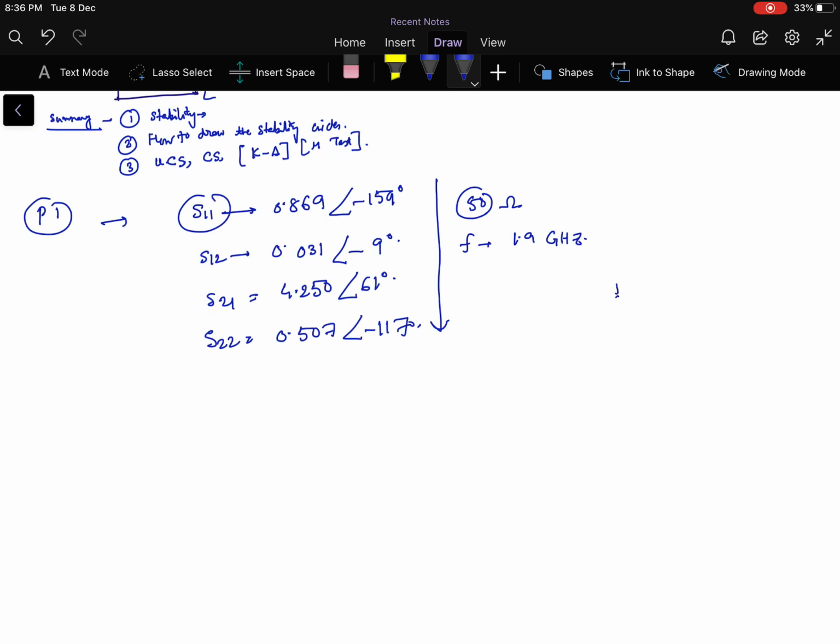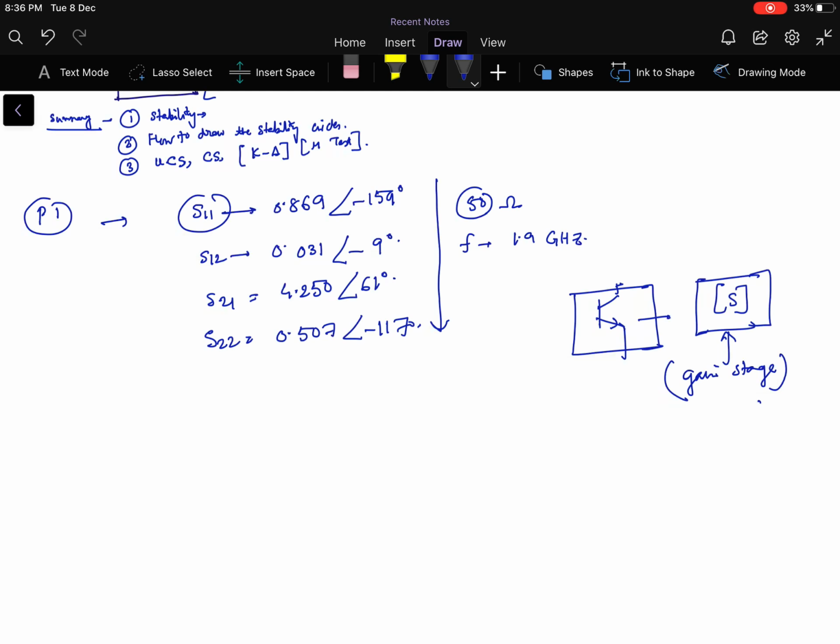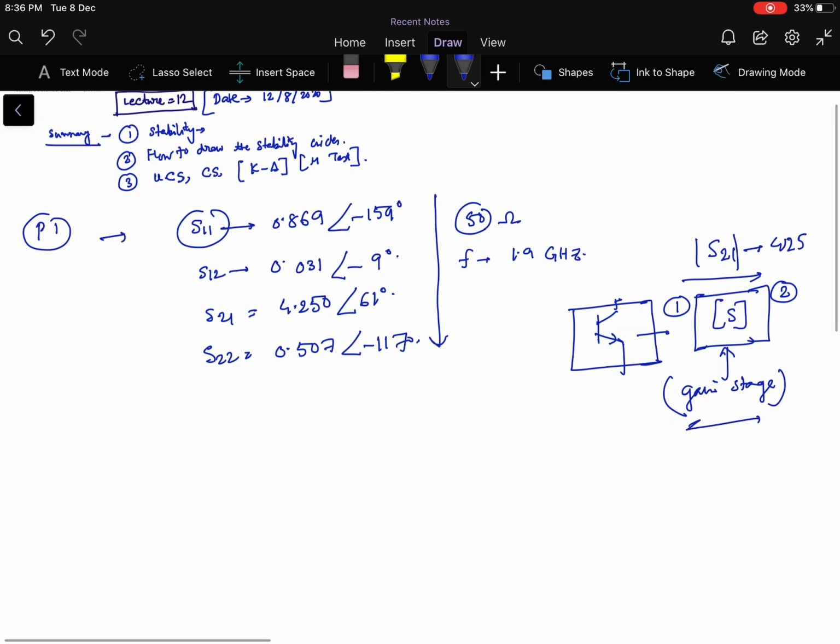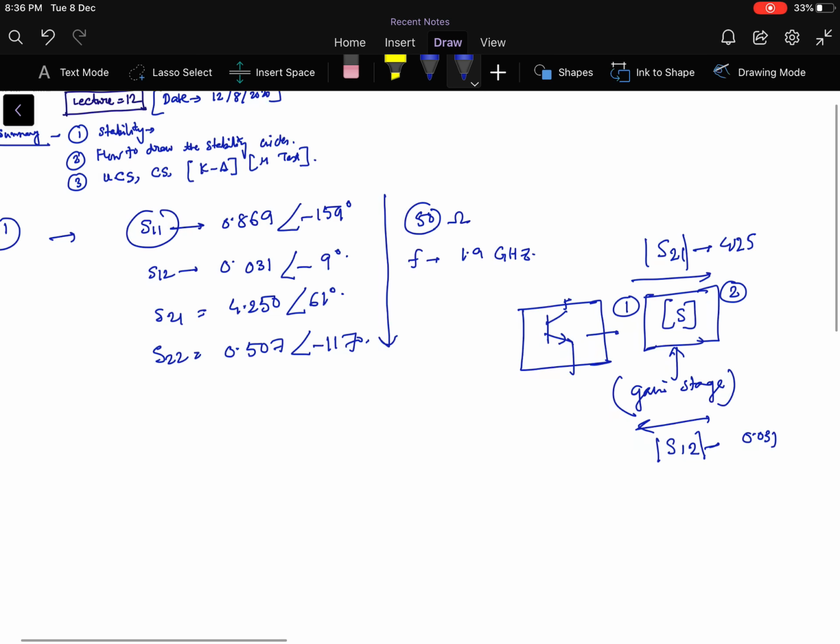Now you see, this is the transistor block. I call these transistors a gain stage. You can see that the propagation from port 1 to 2 has high gain, 4.2 magnitude, whereas the backward propagation, S12 magnitude, is quite low, 0.031.